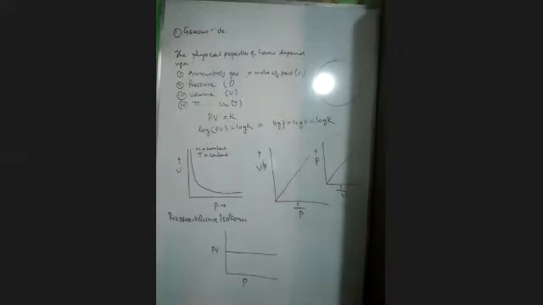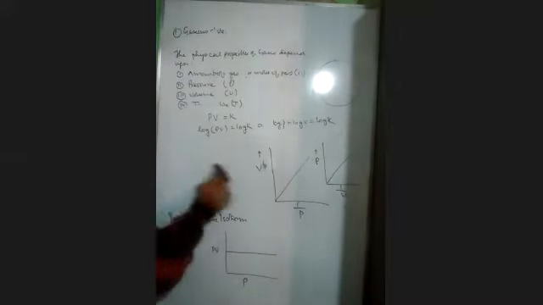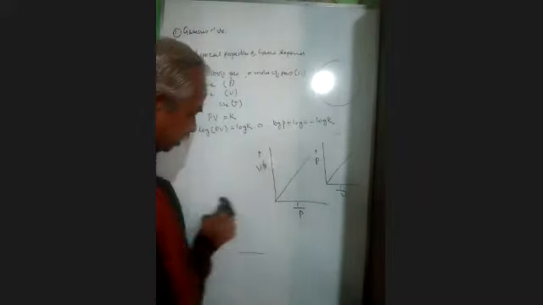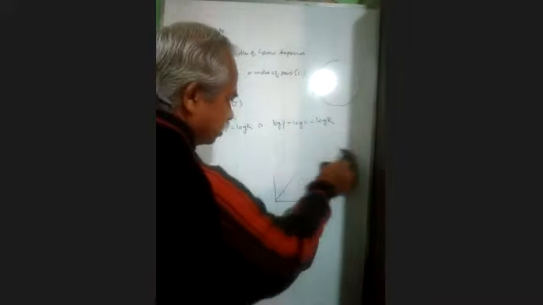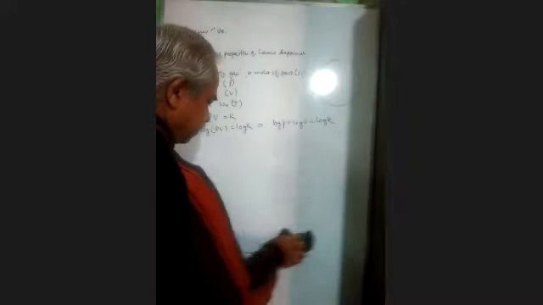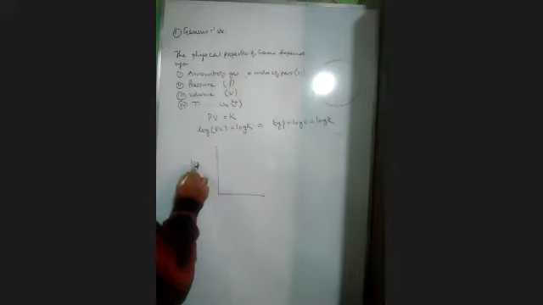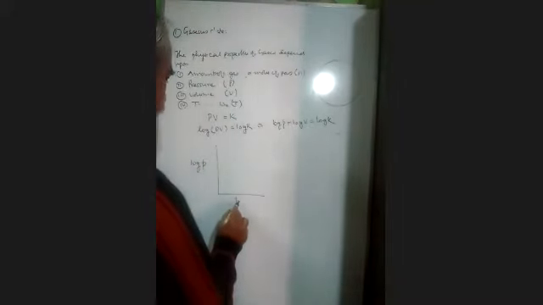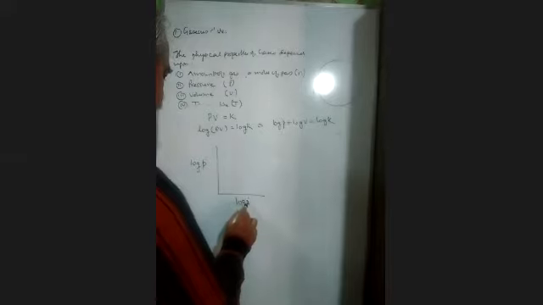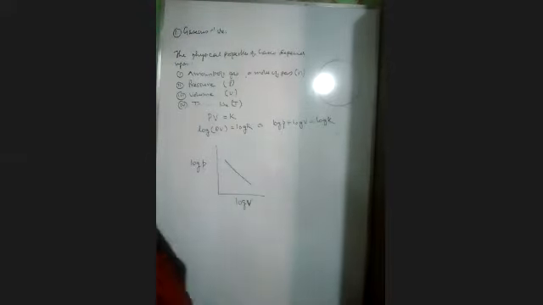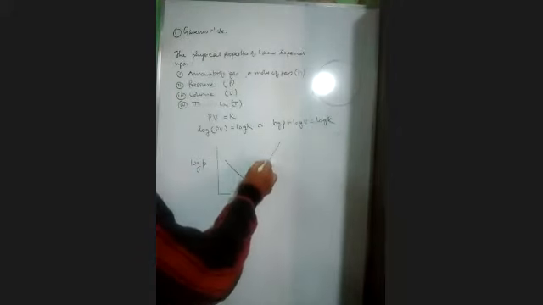Now, it is up to you whether you should write it or not. Extra things I'll never force on you. So if I plot it here, log P and log V, you will find the graph is like this. This type of slope is called a negative slope, and this type of slope is called a positive slope.